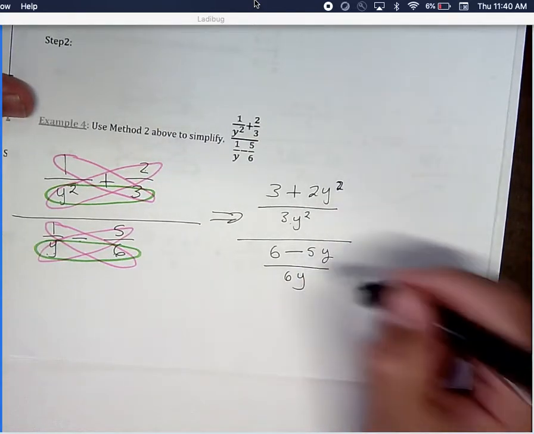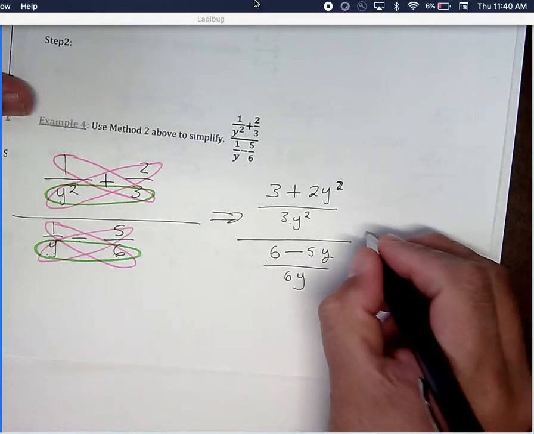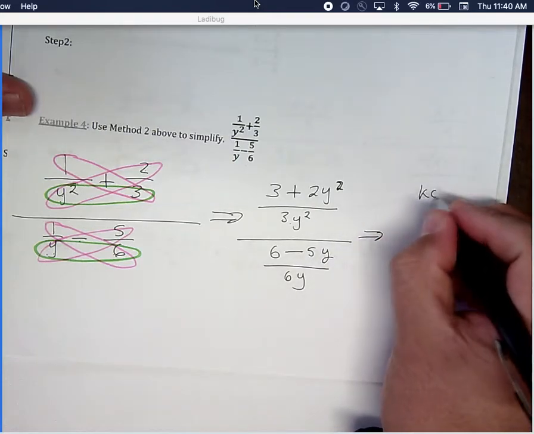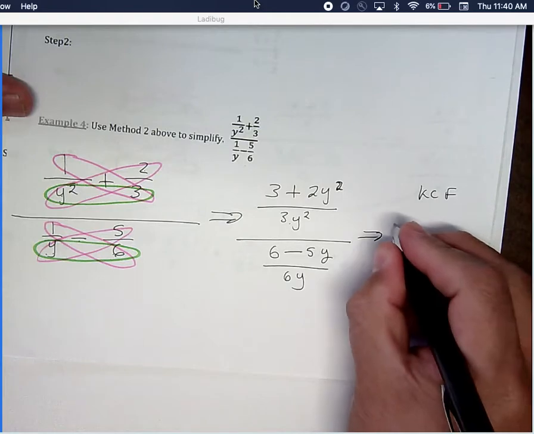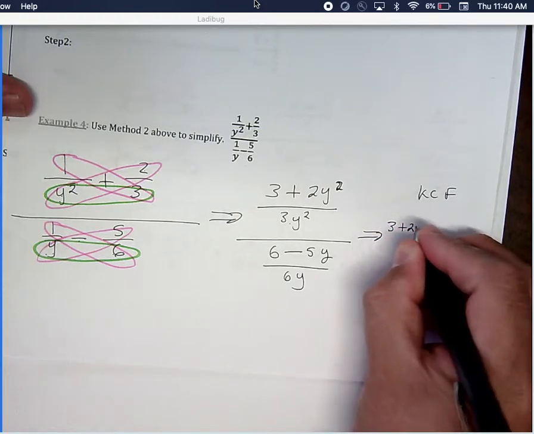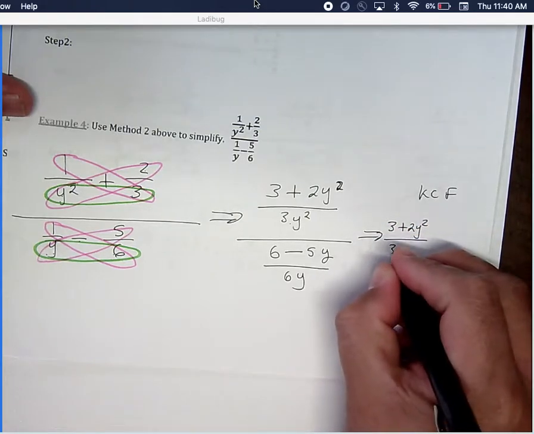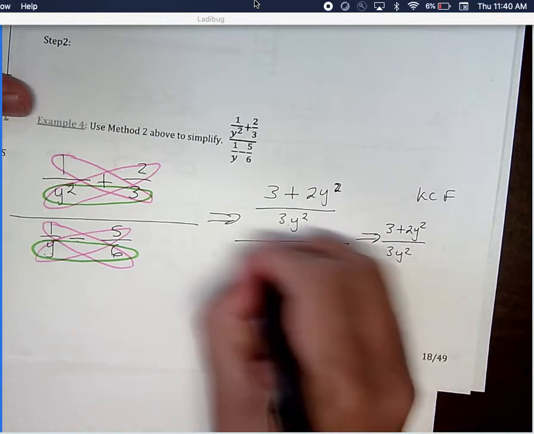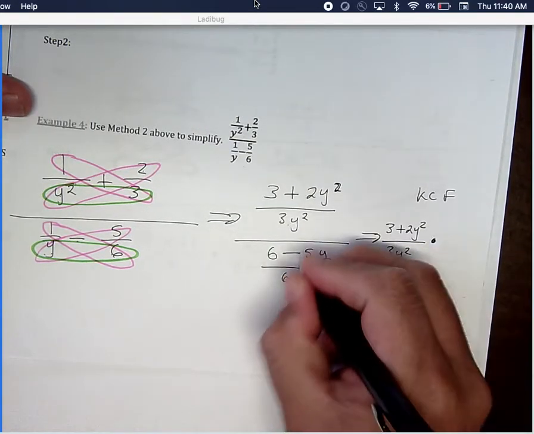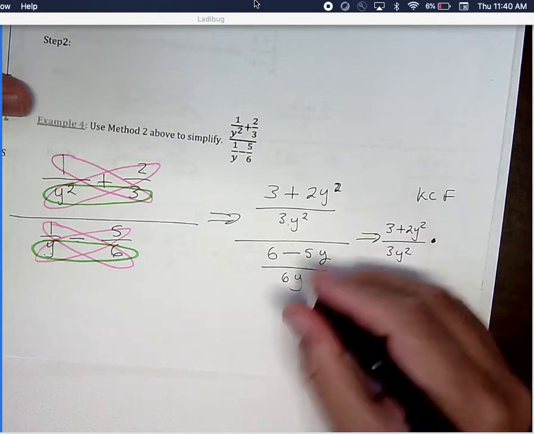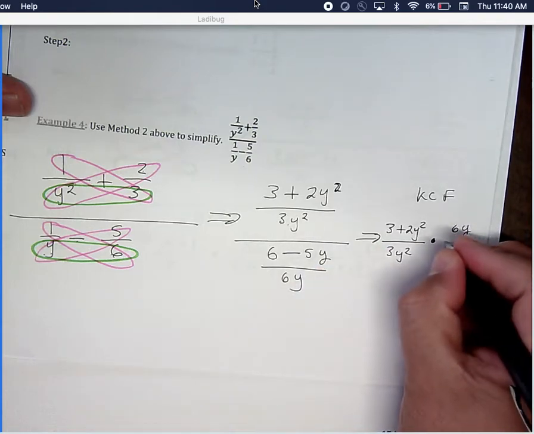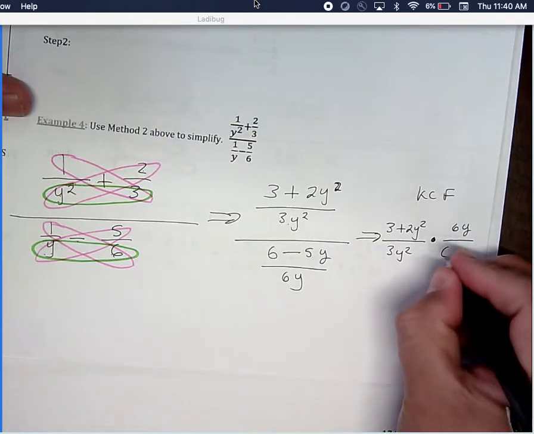So now it's fairly simple. Now you can do the KCF. You keep the first one, 3 plus 2y squared over 3y squared. You change that division into multiplication, and you flip this one, so the 6y would be on top now, and then this on the bottom.